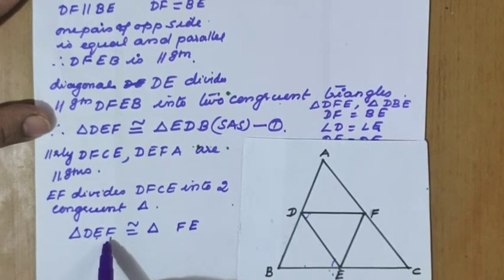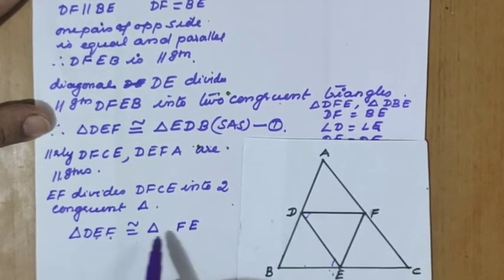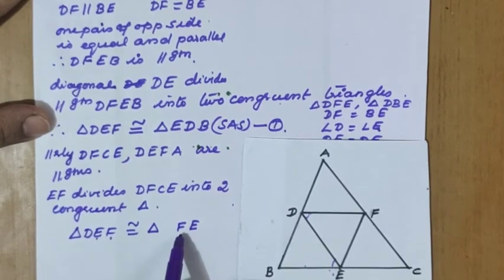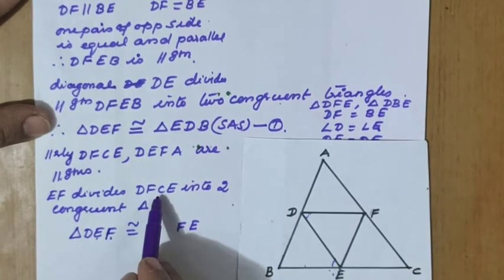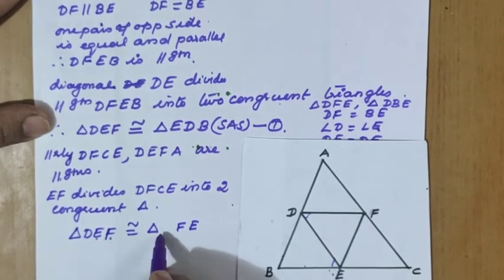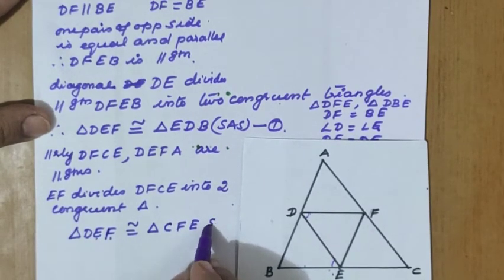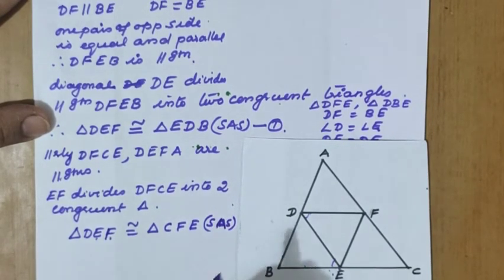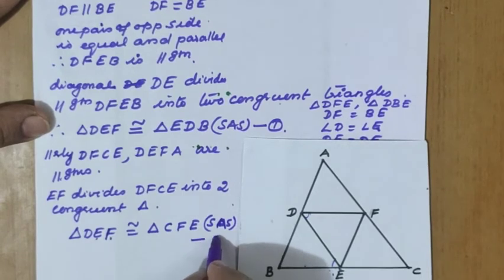E and F is the diagonal, so in place of E, F will be there, and in place of F, E will be there. Now which is the next letter? C is the next letter because with the C only we have considered this parallelogram. So in place of D we can write C. Again the same criteria. So once for the first step you identify which criteria you want. ASA you want means you can go for that one, or SAS you want means you can go for that way. So this is our second step.